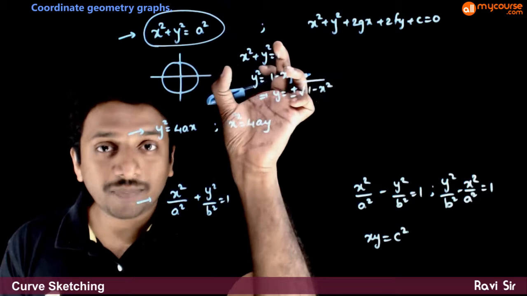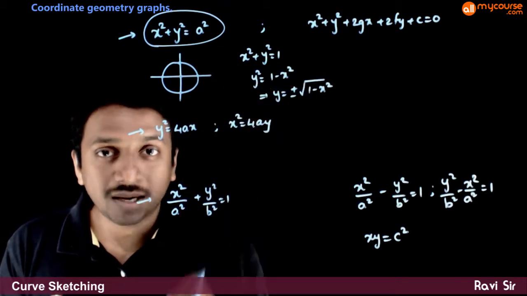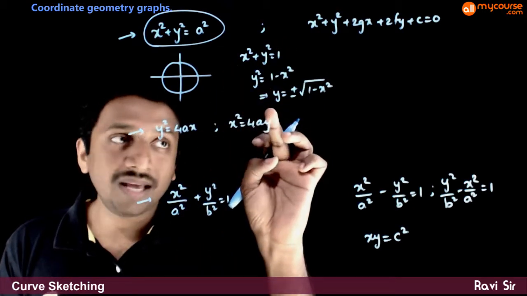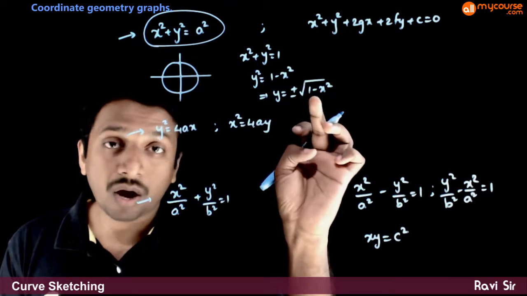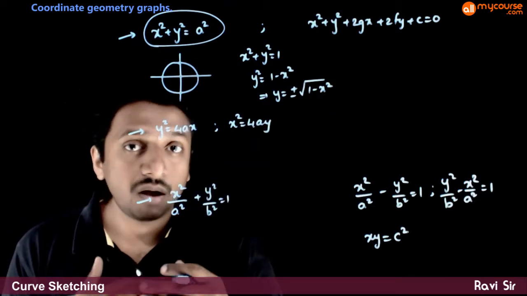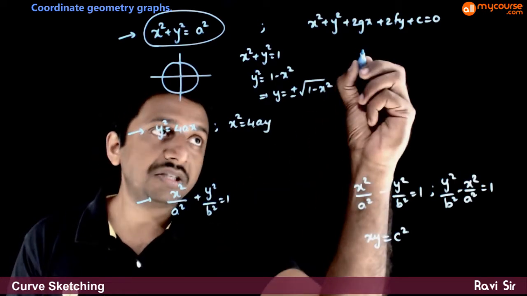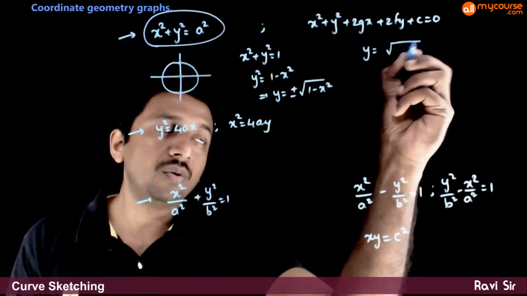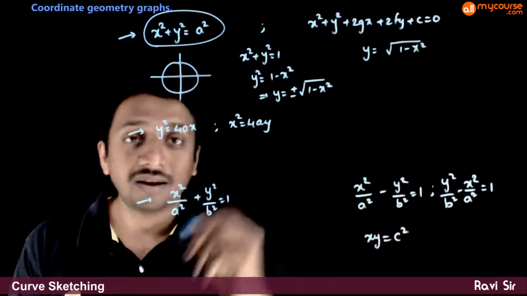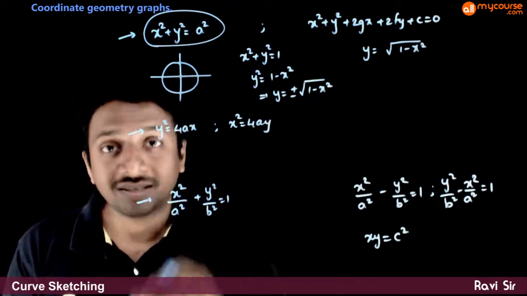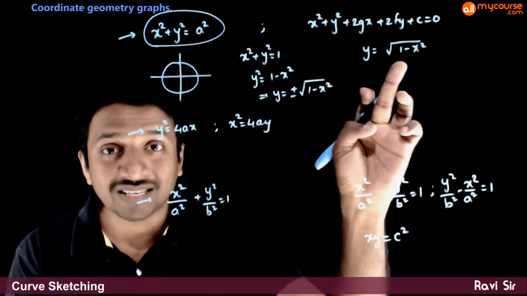So x square plus y square is equal to 1 means that y is equal to plus root of 1 minus x square or minus root of 1 minus x square. In the question, if you are given y is equal to root of 1 minus x square, this does not represent the complete circle.